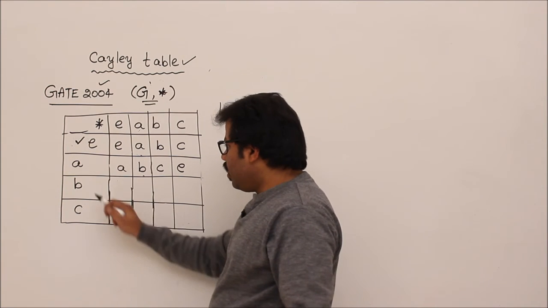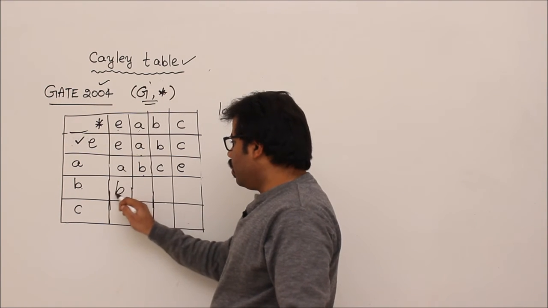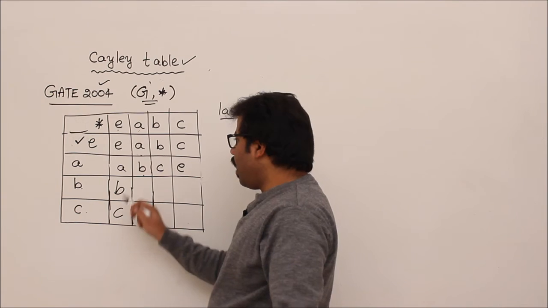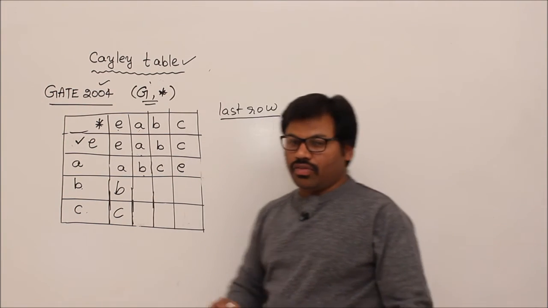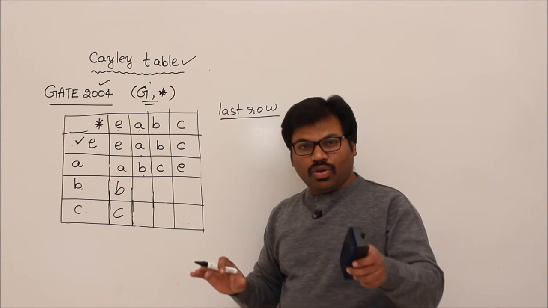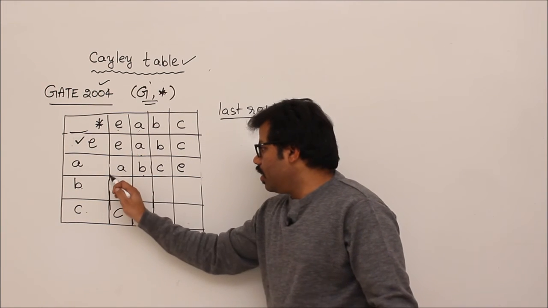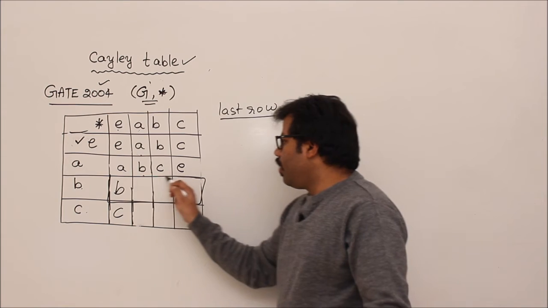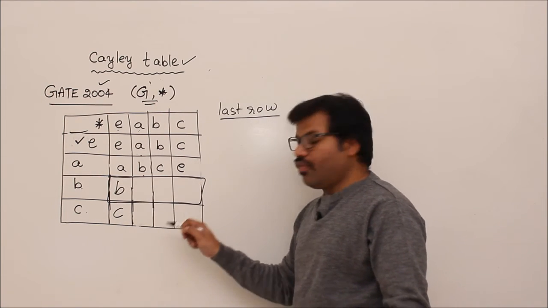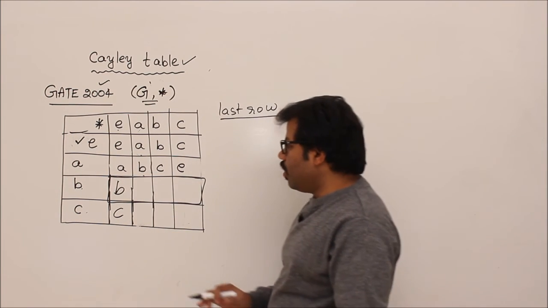Since it is the identity element, then B star E equals B, C star E equals C. In that way, happily I can fill these entries. Now, in a functional table of a group, what we know is, see from here, every row should have different values. Every column should have different values. Just remember that fact.